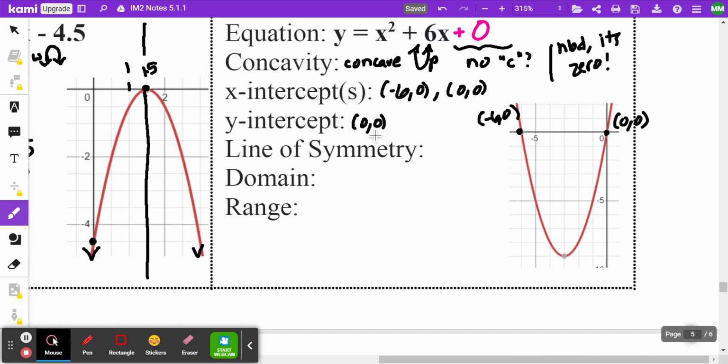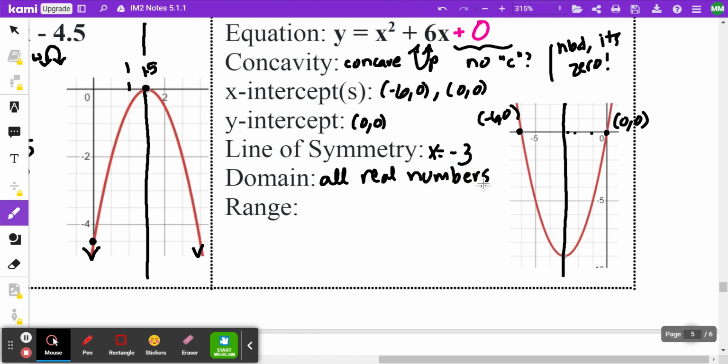Line of symmetry, what is that? Negative 1, negative 2, negative 3. That's x equals negative 3. Domain, that's all real numbers. Range, that's everything above negative 6, negative 7, negative 8, negative 9.